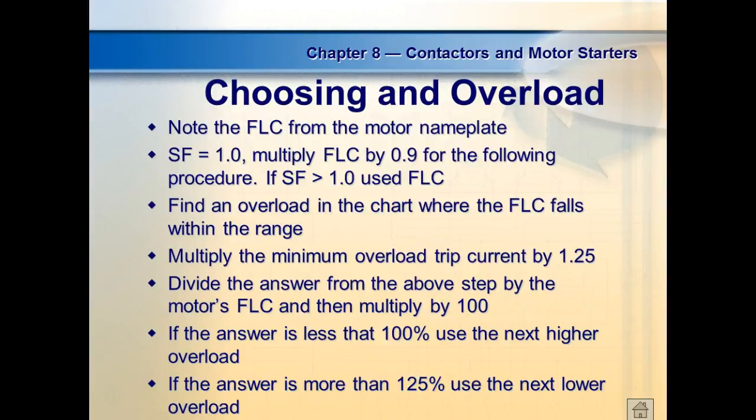What worked out here is that our current fell right on one of the overloads, right? So that was pretty close, but if it came up to be like 1.26, then you'd go lower, because you went over 100%. If it comes up to be less than this, then you go to what?